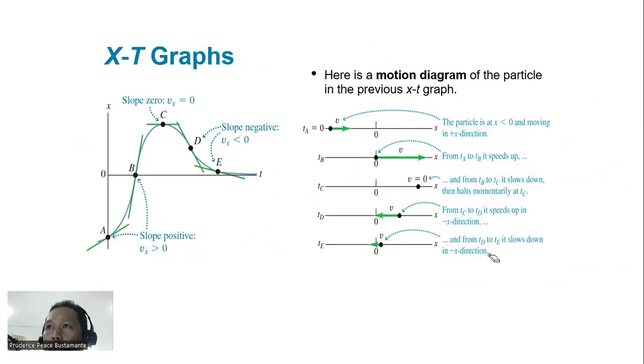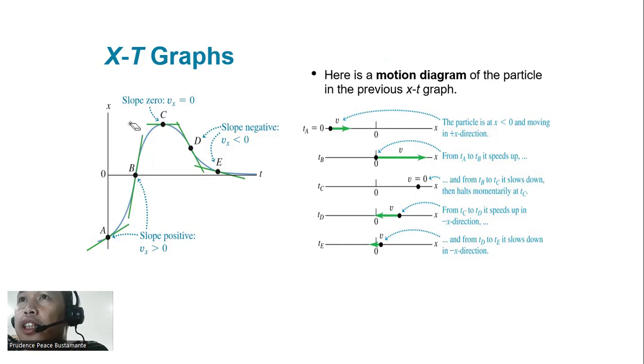So if you are given in a problem these xt graphs, x as a function of time graphs, you can determine the velocity, whether it is positive, zero, or negative, based on the slope. If the slope looks like this, this is positive. So these are positive slopes.